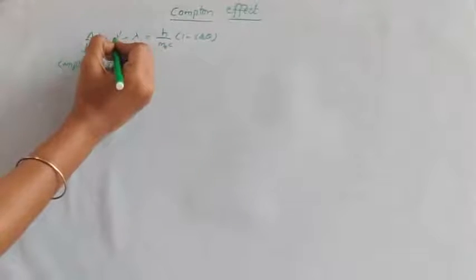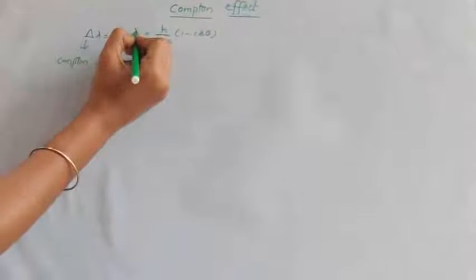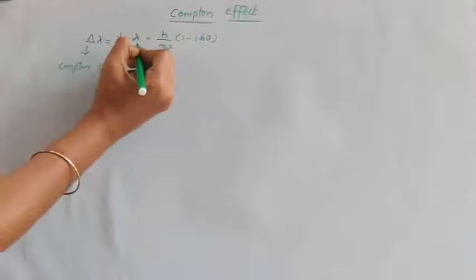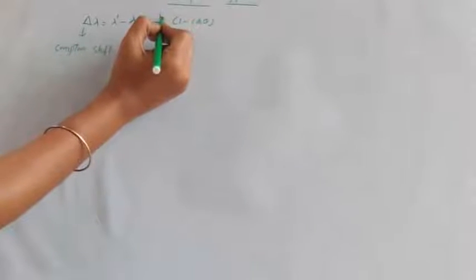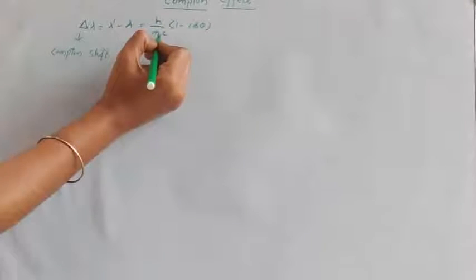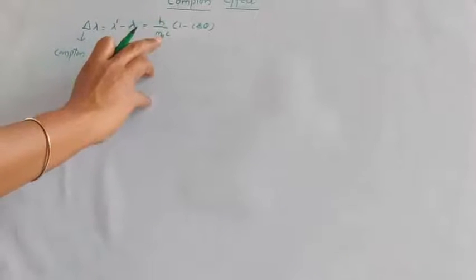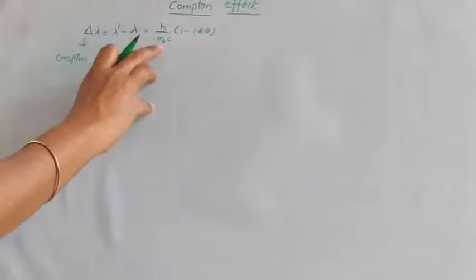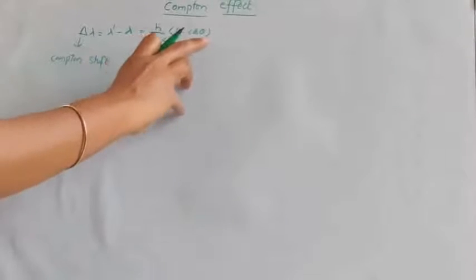What is lambda dash? The wavelength of the scattered photon. Here lambda represents the wavelength of the incident photon, which will be equal to h by m e c into 1 minus cos theta. Here h represents Planck's constant, m e represents the mass of the electron, c represents the velocity of light, and theta is the scattering angle.